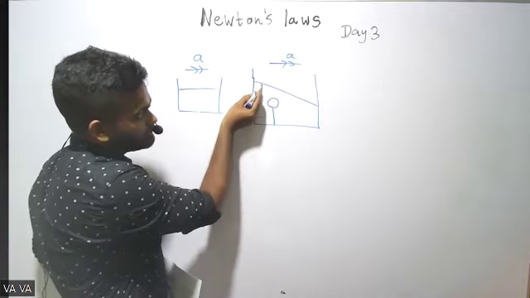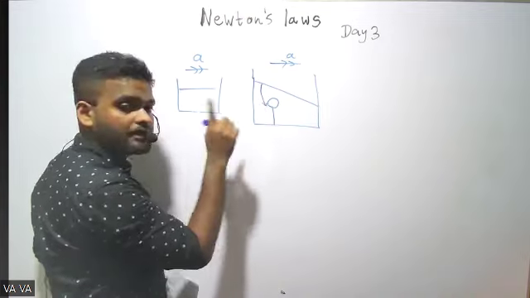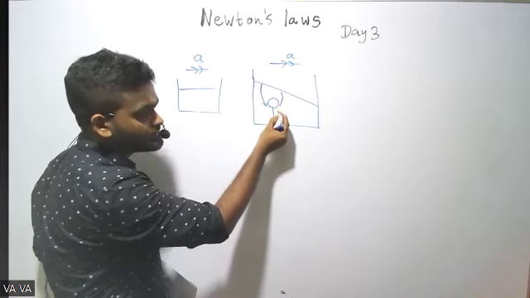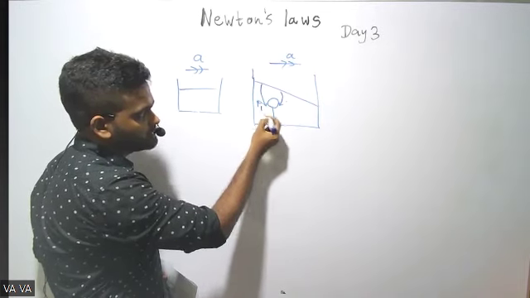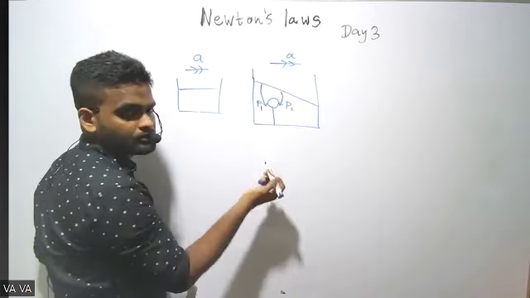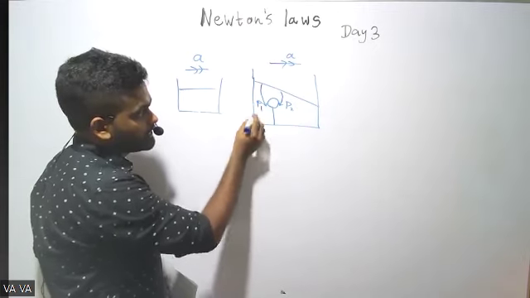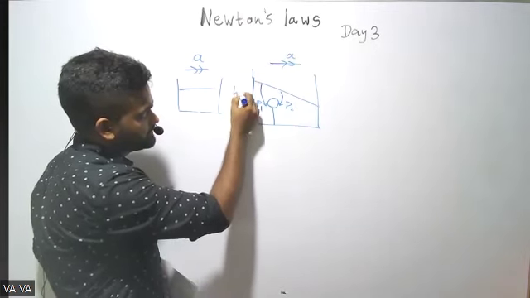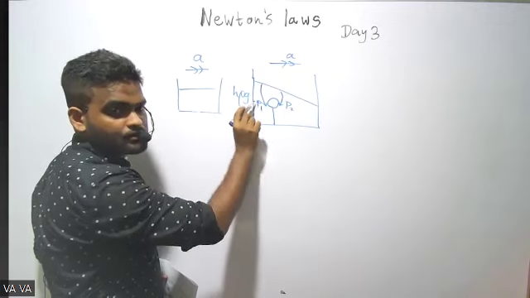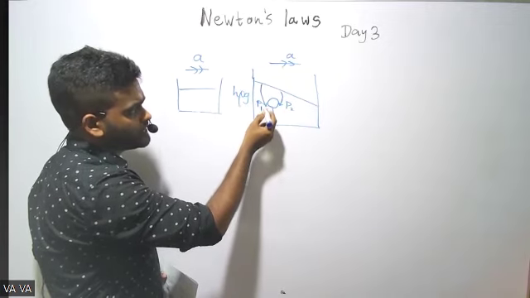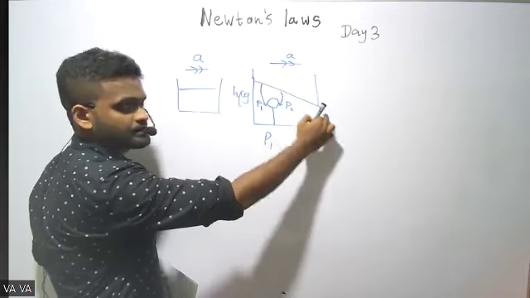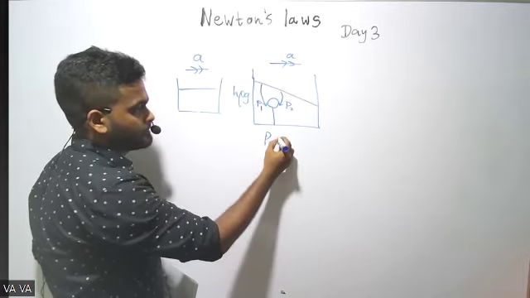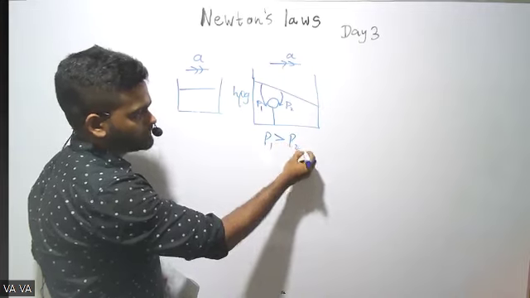So height from this side is higher, height from this side is lower. Let's say the pressure on this side is P1, at the other side pressure is P2. So this hydrostatic pressure is H rho g, right? So this pressure is higher. It is due to this shape. P1 is higher, P2 is lower.